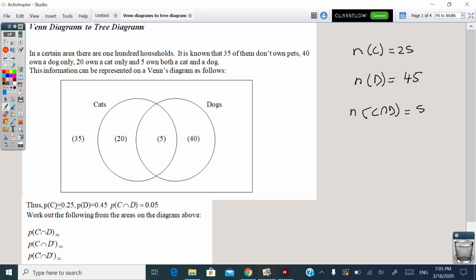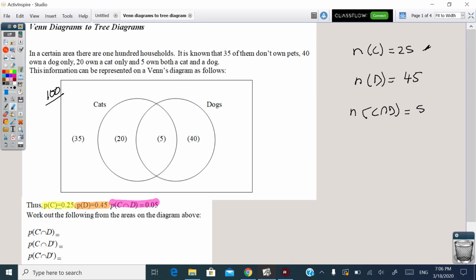What's the probability of them saying yes? Now, we know that the number of households is 100, so the probability of owning a cat would be 25 divided by 100, giving us 0.25. The probability of owning a dog would similarly be 0.45. The probability of owning both pets, a cat and a dog, is 0.05, and this is pretty obvious, simply obtained by dividing these numbers by 100.